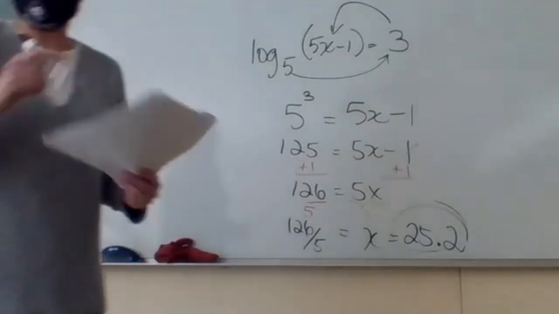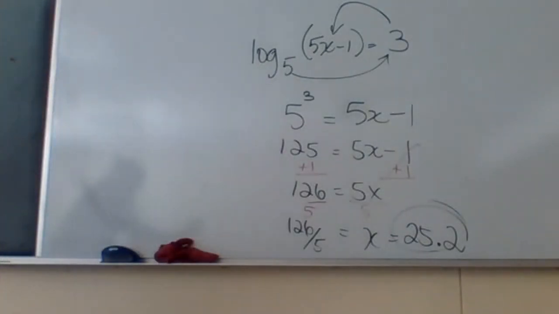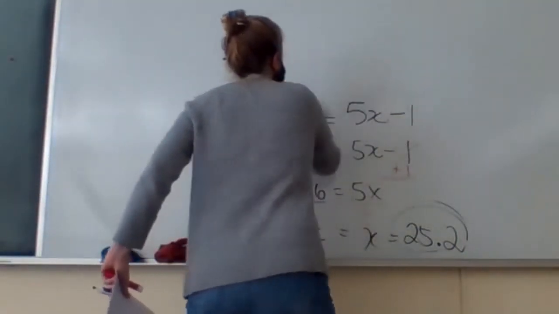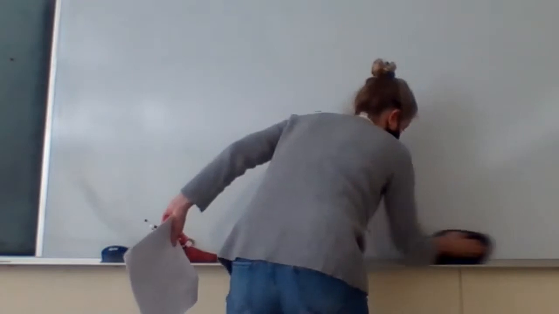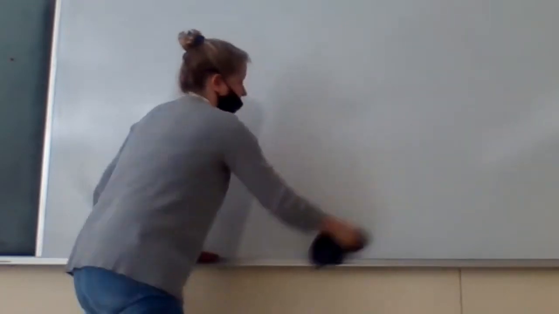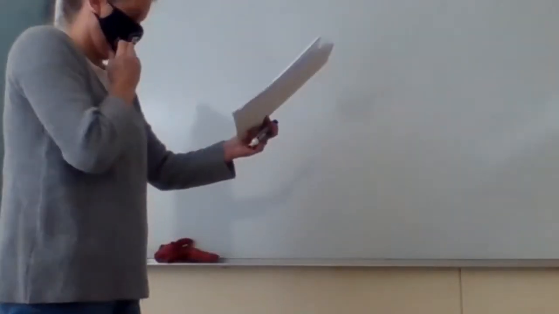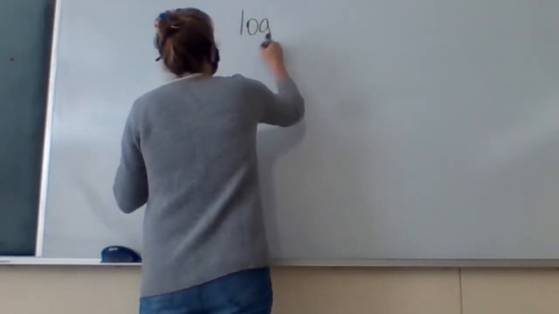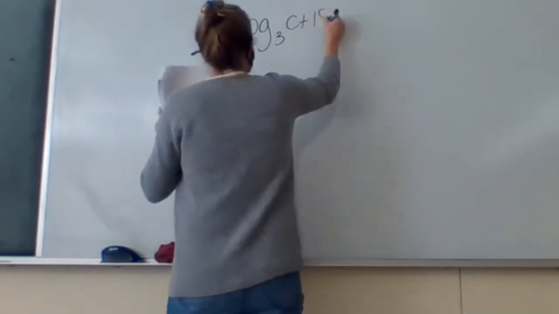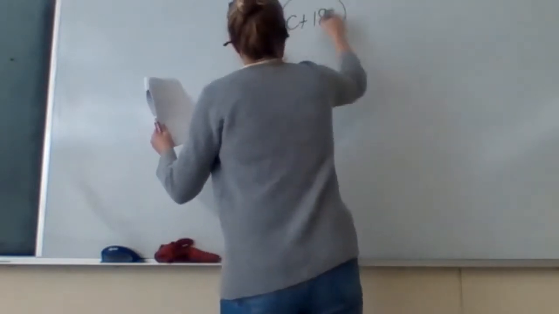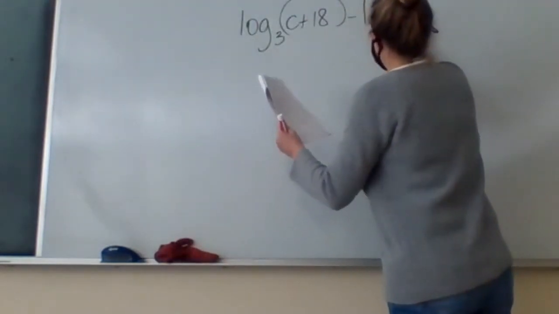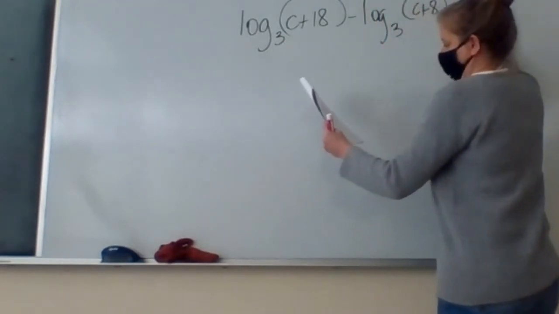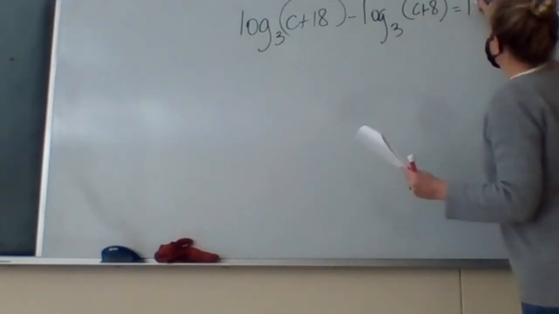All right, number 27. We've got log base 3 of c plus 18 minus log base 3 of c plus 8 equals log base 3 of c.